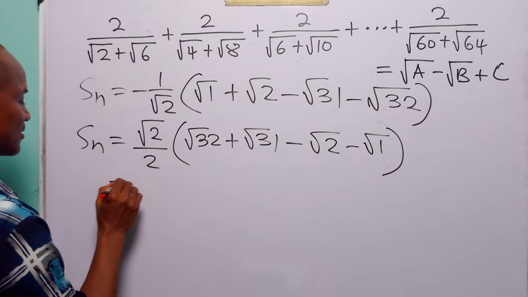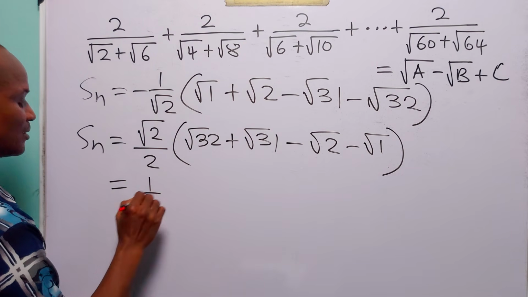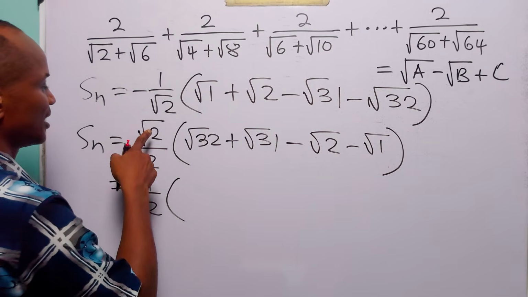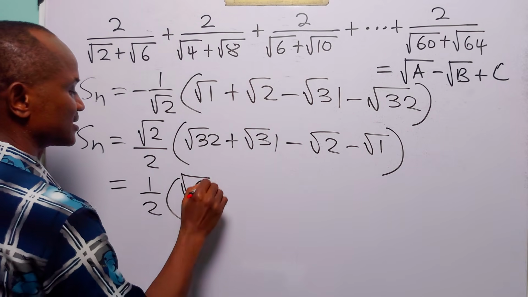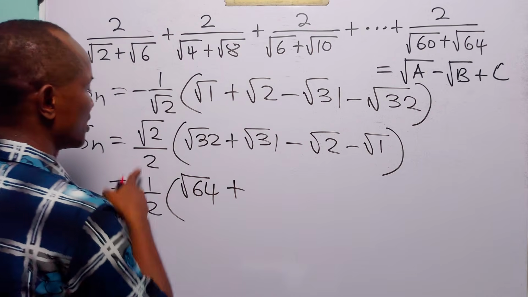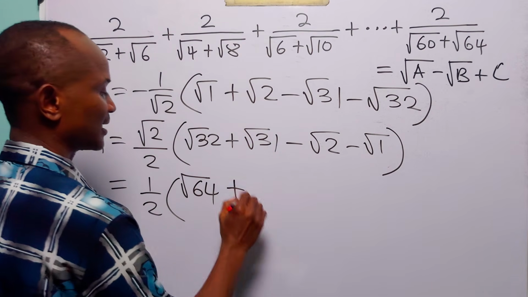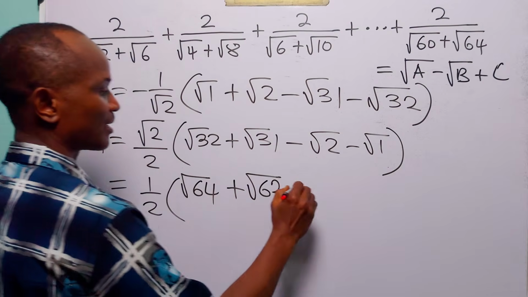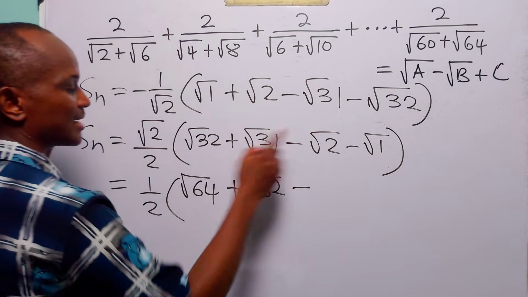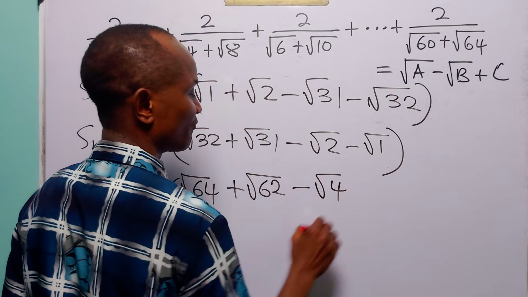Opening this bracket, we have 1 over 2 times root 2 times 32, that is root 64, plus root 2 times 31, that is root 62, minus root 2 times 2, that is root 4.